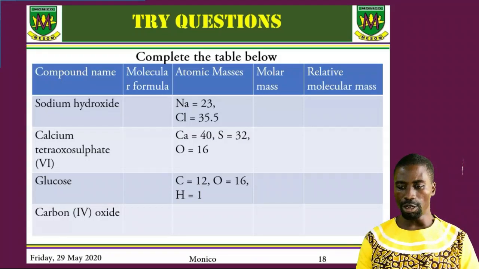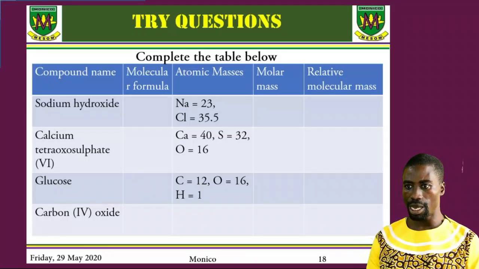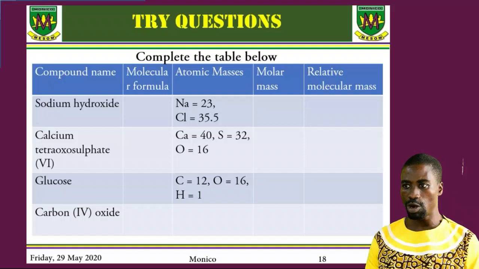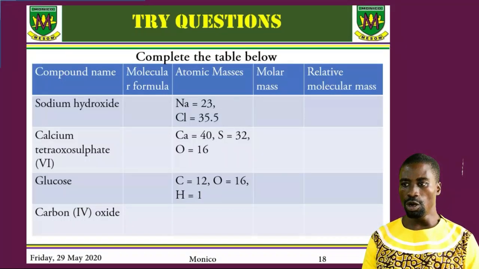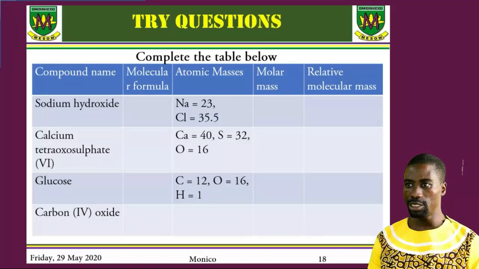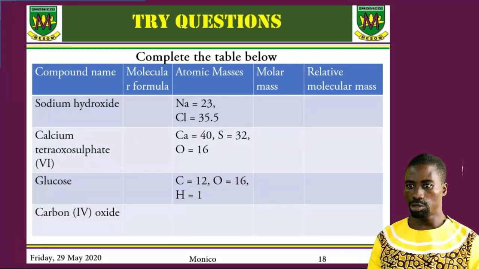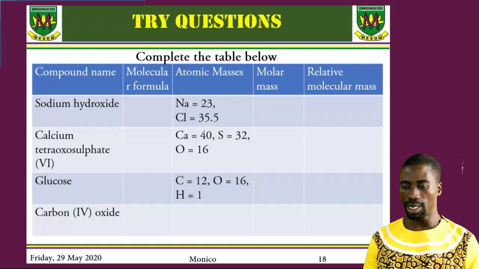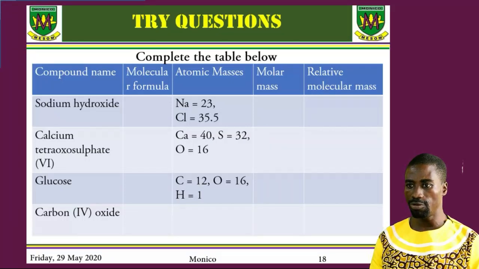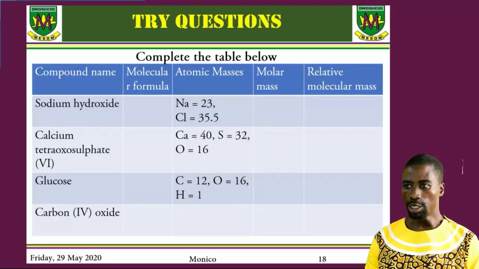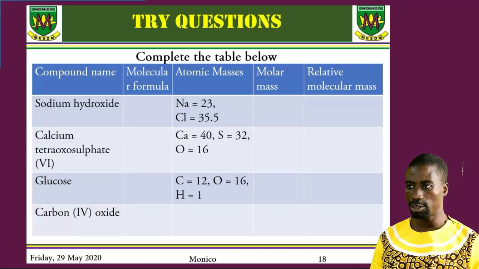And for that of carbon dioxide or carbon 4 oxide, I didn't give them, because basically, if you know the formula, what is on the board can help you to calculate the molar mass and the rest. That is why I didn't waste time to give you the atomic masses of the various atoms in carbon dioxide.